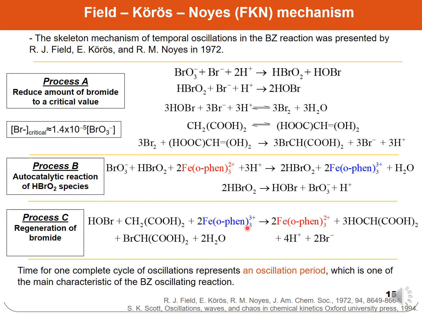You can see the oxidized form of the catalyst is reduced to the reduced form, so the color goes back to red again. This is the description of the alternate change from red to blue color.